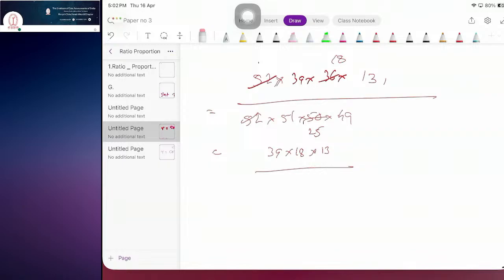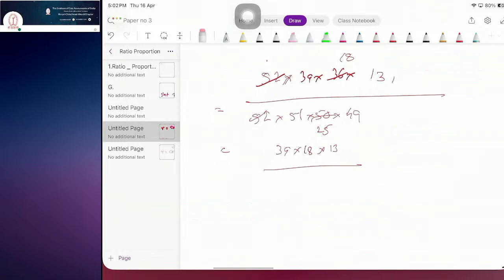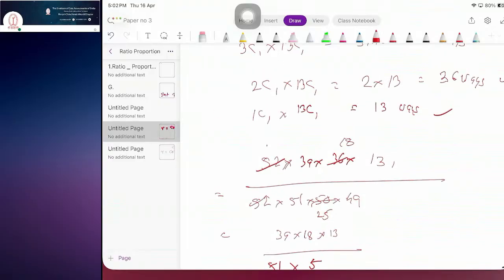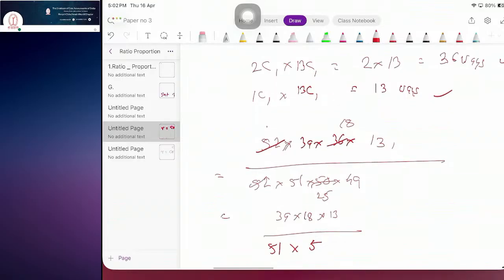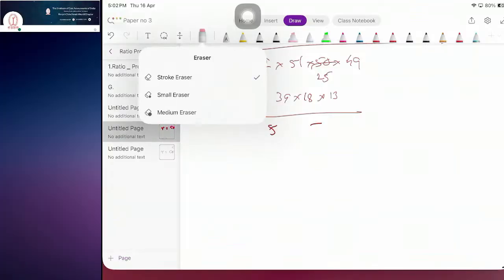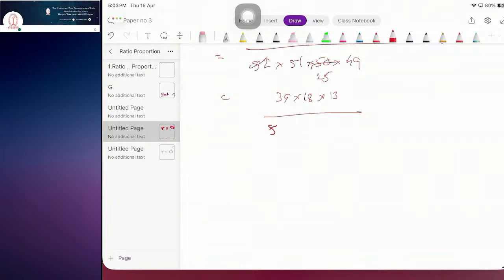The value is coming 51 multiplied by 5. Sorry, this is your denominator part, so that value will be 52 multiplied by 51.